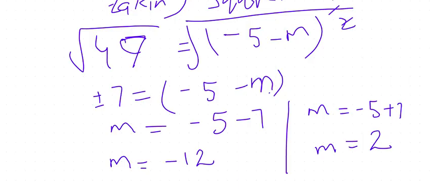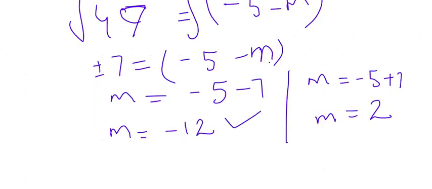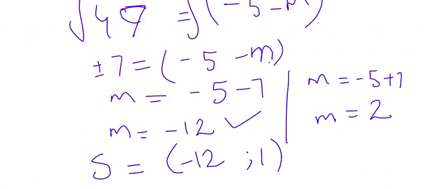Therefore we must choose M equals minus 12. So the value of M is minus 12, and the coordinate of S is (minus 12, 1). This is the required answer.